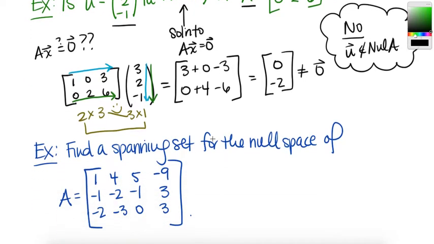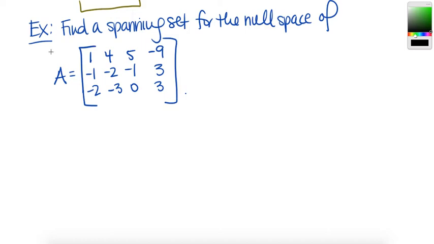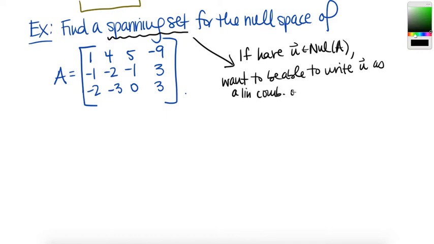Okay, let's go ahead and talk about the following example. Now, you might want to find a spanning set for the null space. So spanning set basically means if I have a u in the null space, I want to be able to write u as a linear combination of vectors.